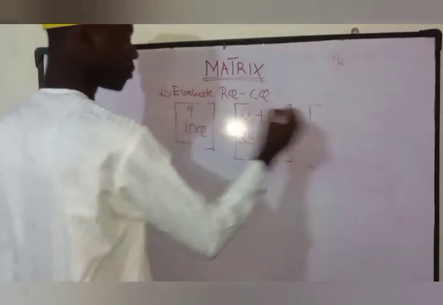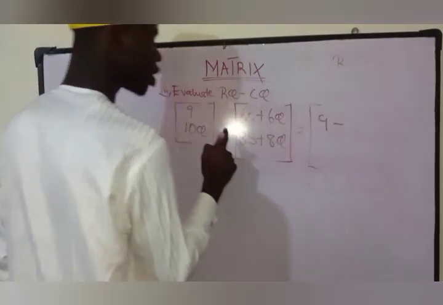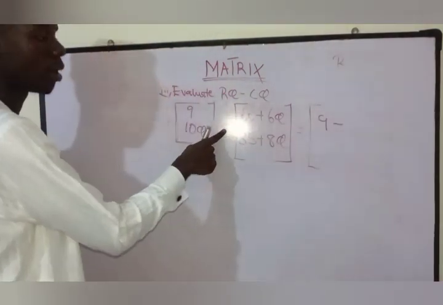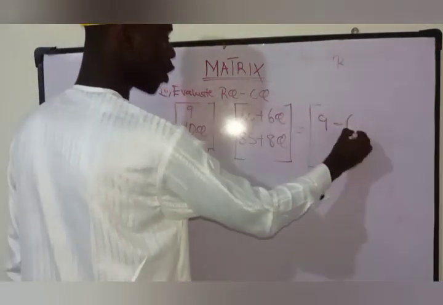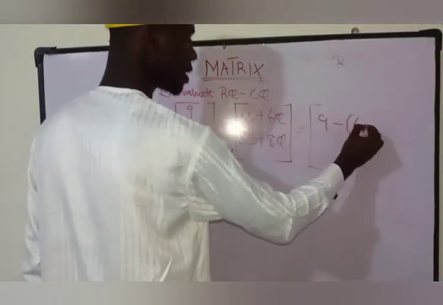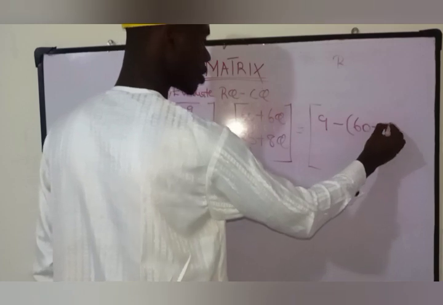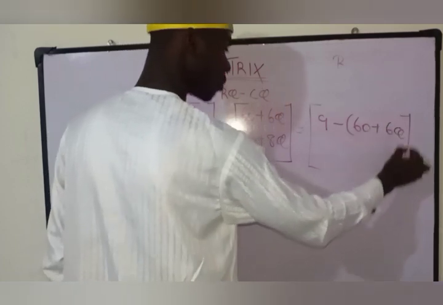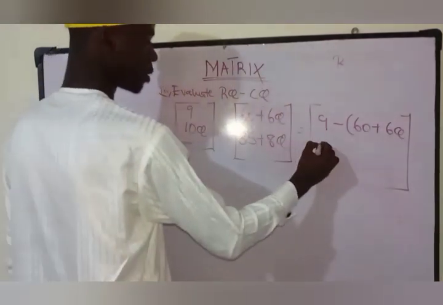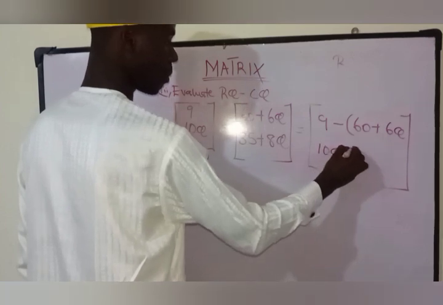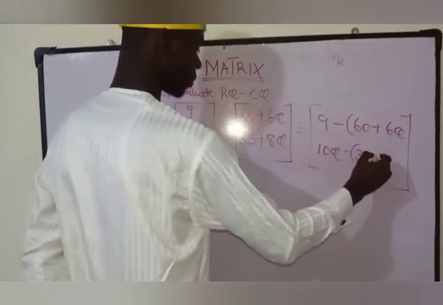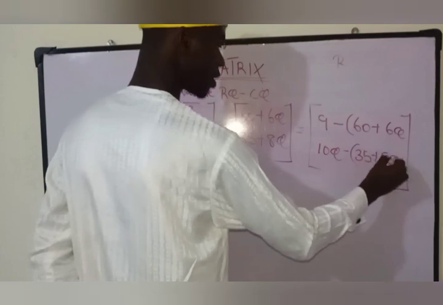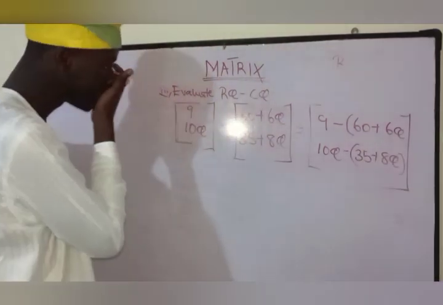So, 9 minus, open the bracket, 60 plus 6Q, and 10Q minus, open the bracket, 35 plus 8Q. Are you following?